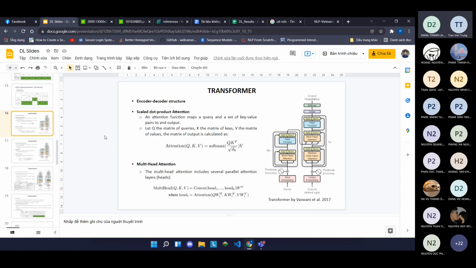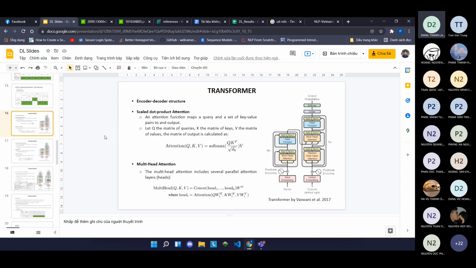Why is the scaled dot-product attention calculated that way? I understand the softmax converts everything inside into probabilities, right? But why is it QK, then you divide by the square root of dk, and then you multiply with V?